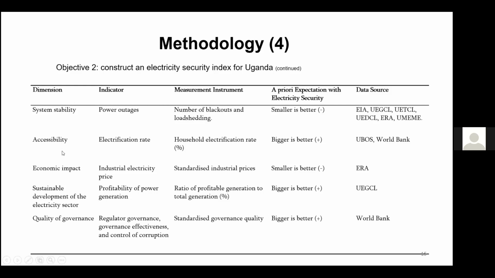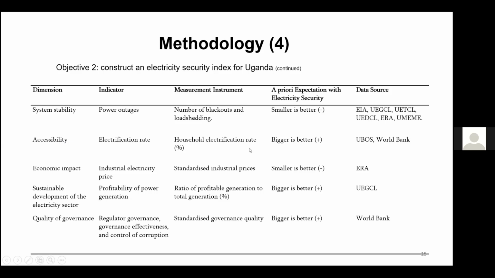The second one is electricity access. Electricity security starts with also accessing it. Availability is not sufficient. So we use electrification rate here as an indicator. There are 2 ways of measuring electricity access: the national electrification rate or the household electrification rate. The choice between household or national electrification rate is actually a data availability issue.